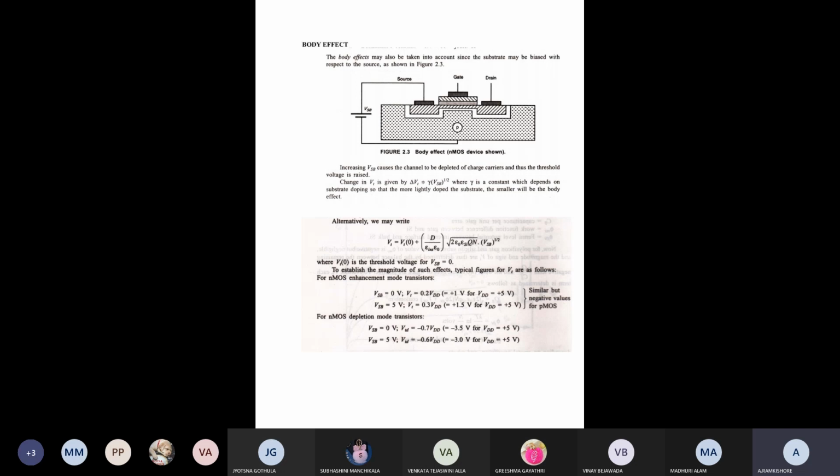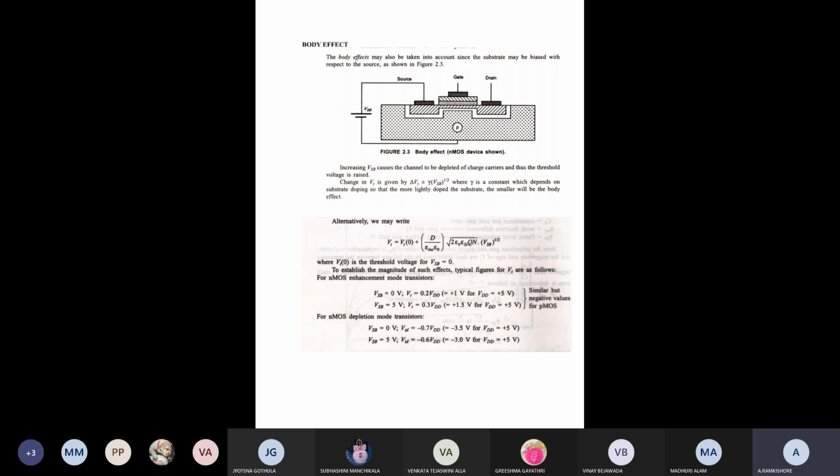When VGS increases, in the non-saturation case VDS is less than VGS minus VT. When VDS is greater than or equal to VGS minus VT, the MOS device operates in the saturation region. At that time IDS is constant, that means the drain to source current is constant.